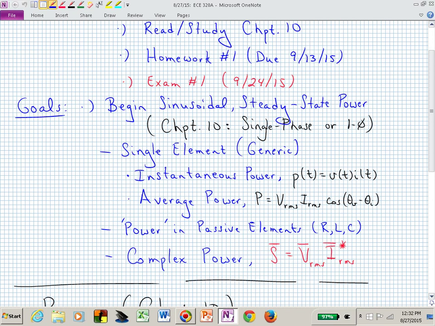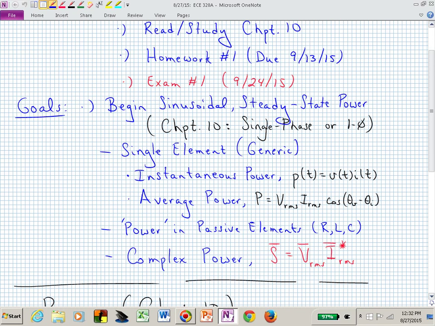Those are scaled by the cosine of the angular difference between the voltage of that element and its current through that element. That's the average power formula, where V and I are just numbers.